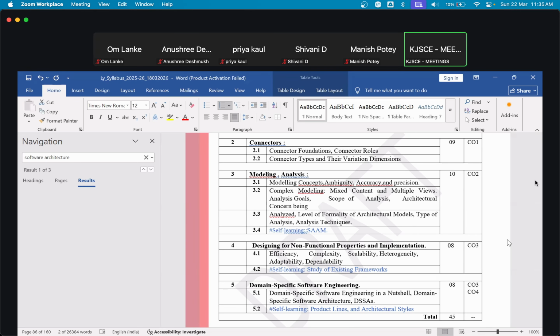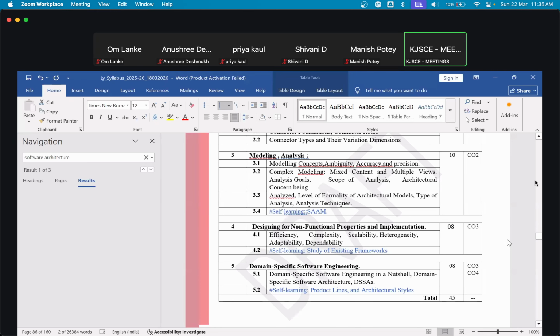And the fourth module is designing for non-functional properties. Non-functional properties are equally important for a particular software as functional properties, because we always look for good performance of the software.